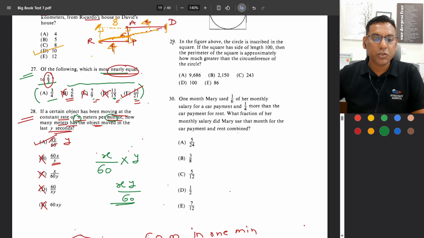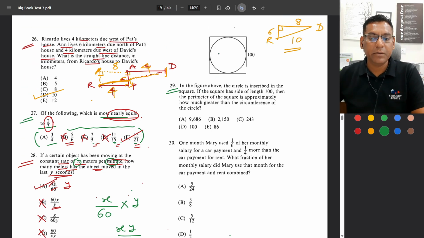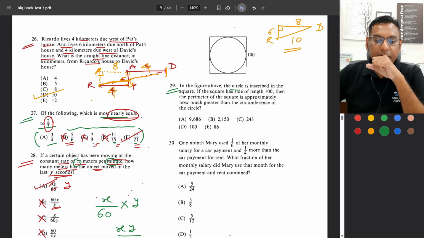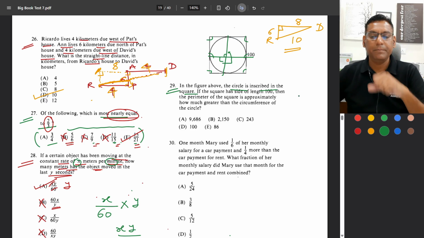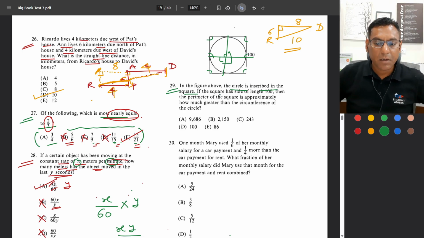All right. Question 29. There is some figure here. In the figure above, a circle is inscribed in the square. So this is a square, and also there are diagonals in this. If the square has side of 10, that means this is 5, 5, 10.